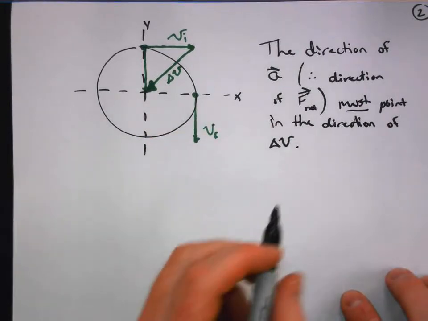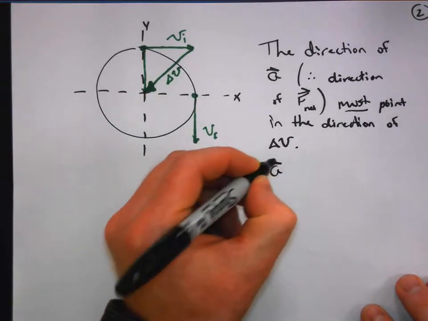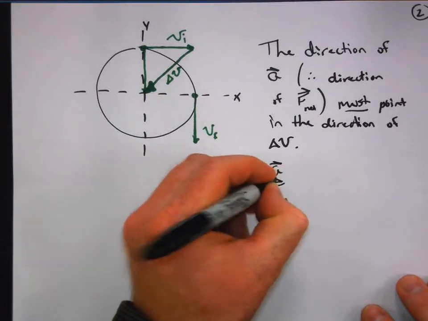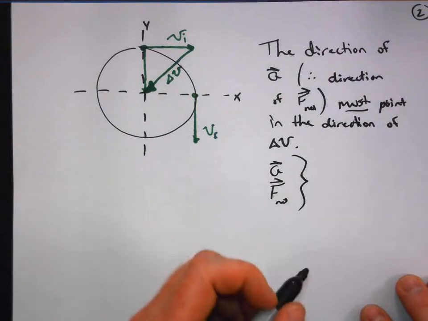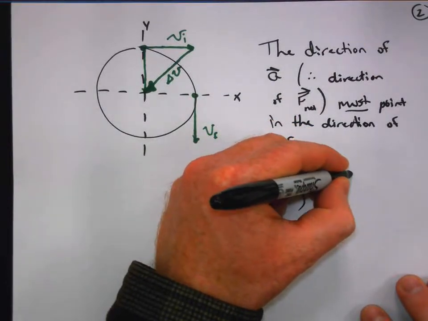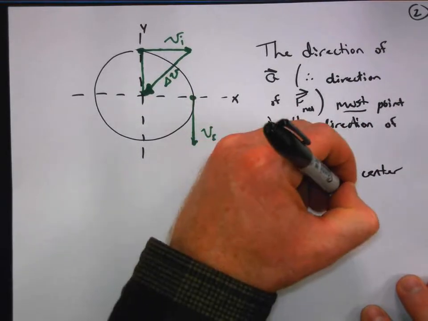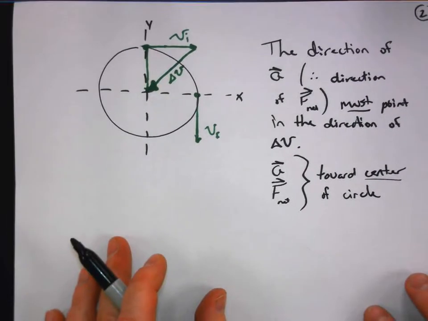So that's the implication here, that the acceleration vector and the net force vector both also are aimed or point toward the center of the circle. Now, this is important to realize.